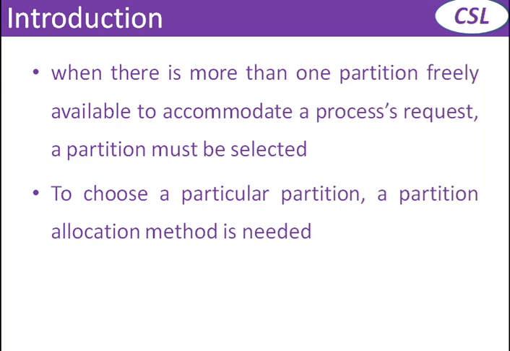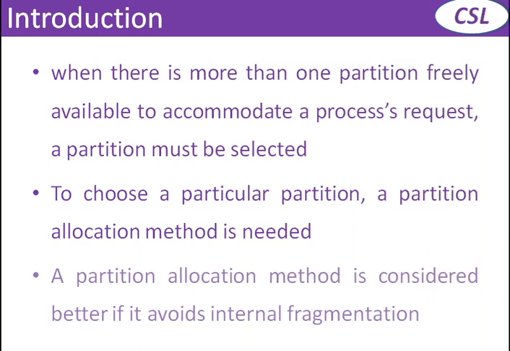To choose a particular partition, a partition allocation method is needed. So how can we choose a particular partition? If we have more than one partition which meets the process request, we need an allocation method. A partition allocation method is considered better if it avoids internal fragmentation.